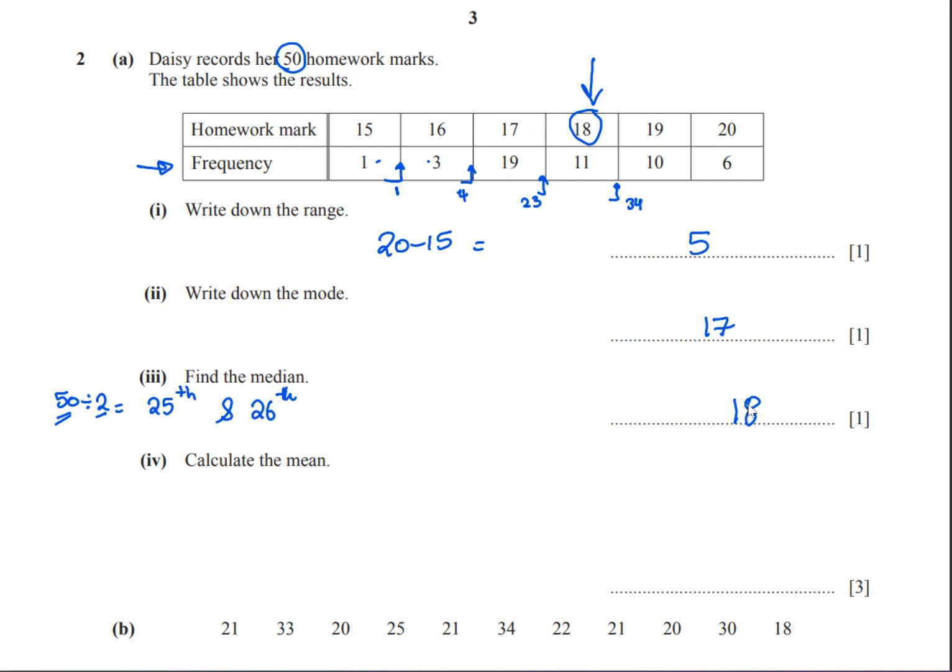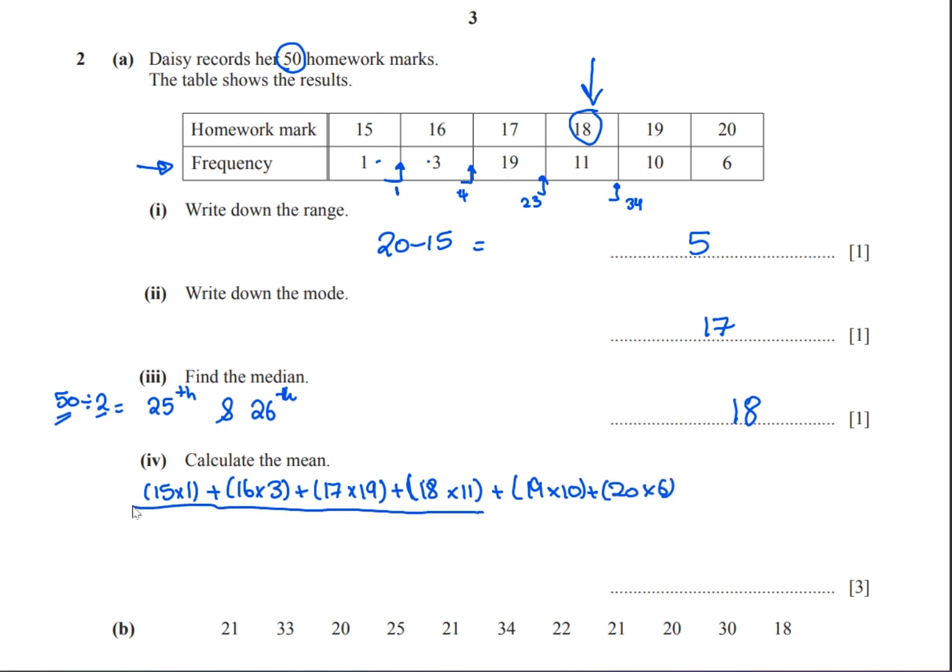Next, calculate the mean. How to calculate the mean? We multiply each mark by its frequency, then divide by the whole number of homeworks. Like here, 15 multiplied by 1 plus 16 multiplied by 3 plus 17 multiplied by 19 plus 18 multiplied by 11 plus 19 multiplied by 10 plus 20 multiplied by 6.